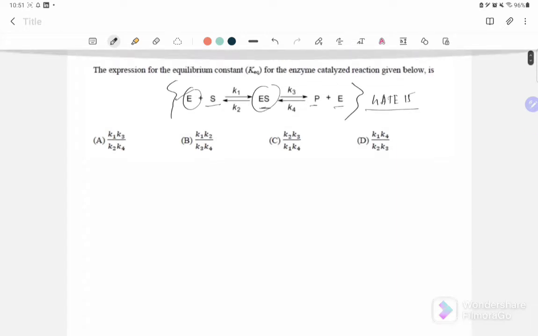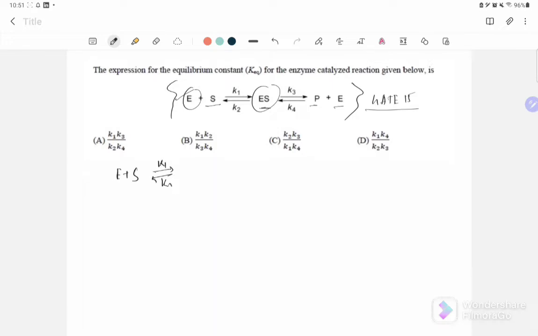So in the first reaction we can see that E plus S goes to ES with K1 and K2. Sorry, K1 is the forward rate constant, and K2 is the backward rate constant. So for this, K equilibrium 1 is K1 by K2, forward reaction by backward reaction.